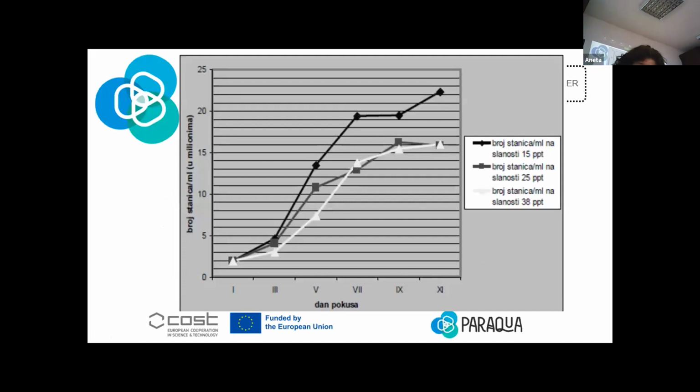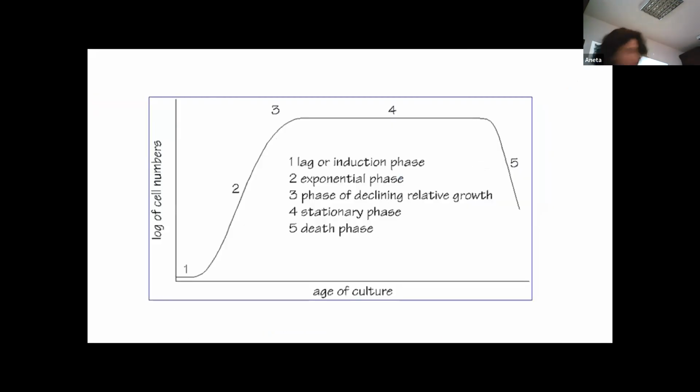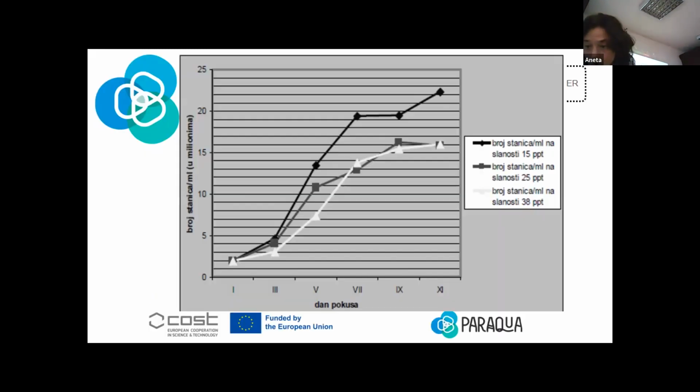About the environmental factors, when we show algae growth, this is just an example of how environmental conditions can influence algae growth. So what do we have? We want the stationary phase, which means the highest number of cells that we have in culture.